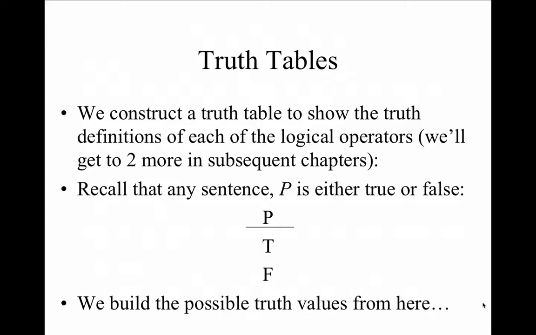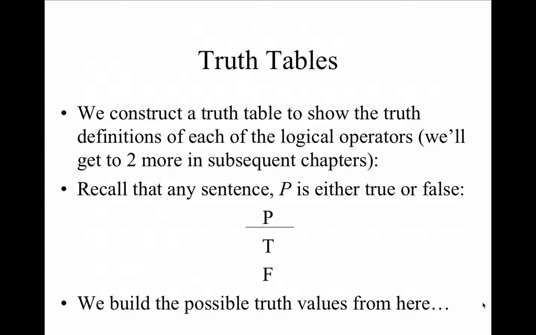How do we express whether or not sentences that are governed by a given connective are true or false? Well, we generate a truth table. And a truth table consists of possible truth values for any given sentence.